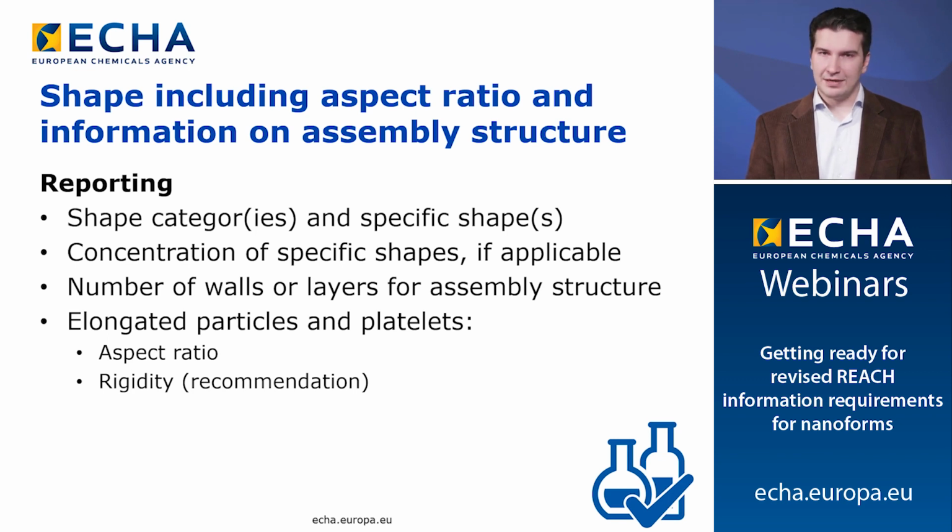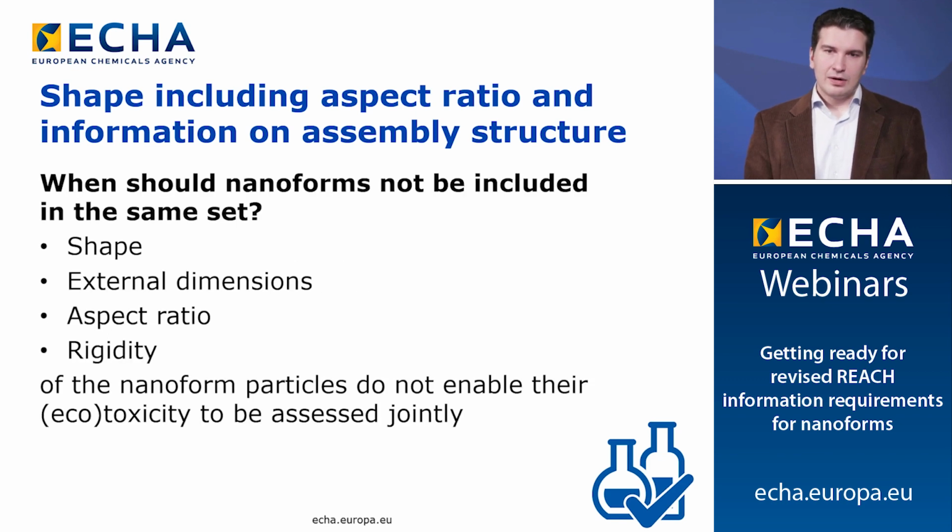So if you have an assembly structure, then you need to provide information on the number of walls or the layers that are involved in this assembly structure. If you are talking about elongated particles and platelets, then you need to report the aspect ratio, and you are recommended to provide information about the rigidity of the particles.